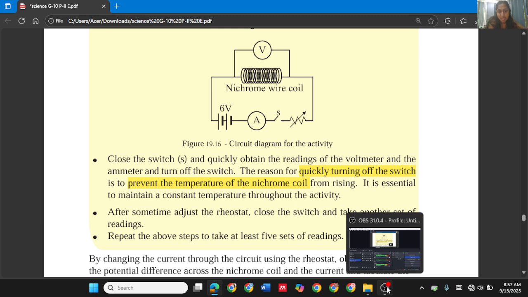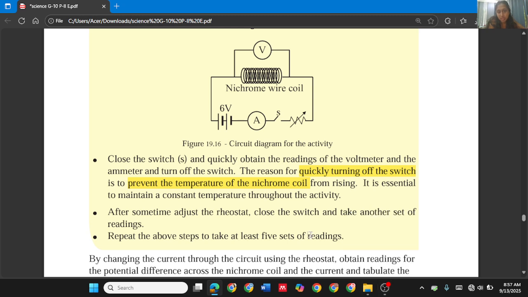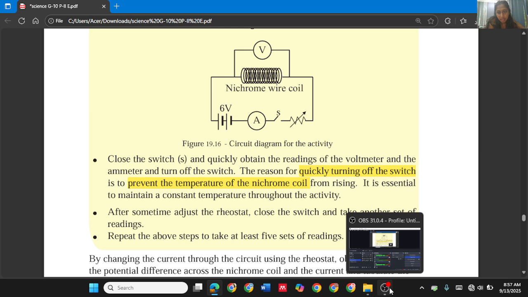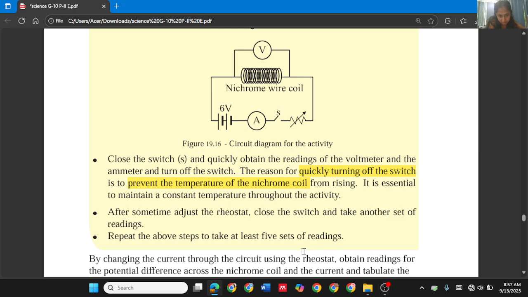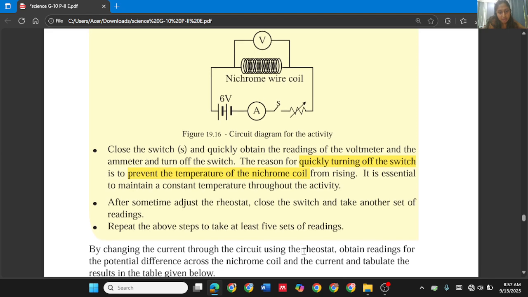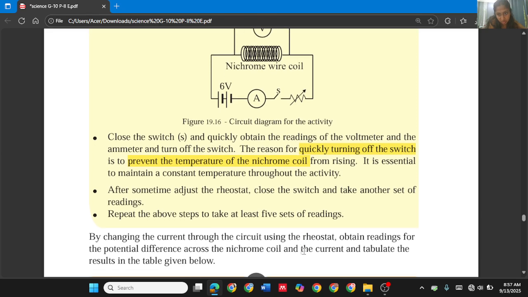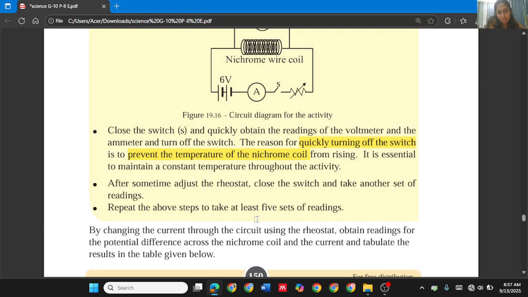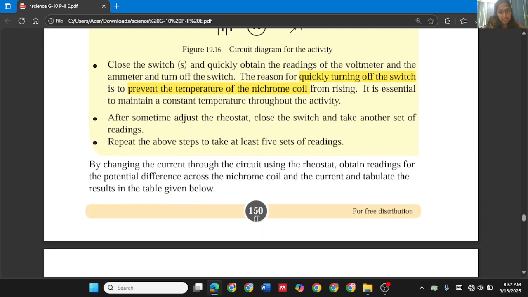After some time, adjust the rheostat, close the switch and take another set of readings. Repeat the above step to take at least 5 sets of readings.